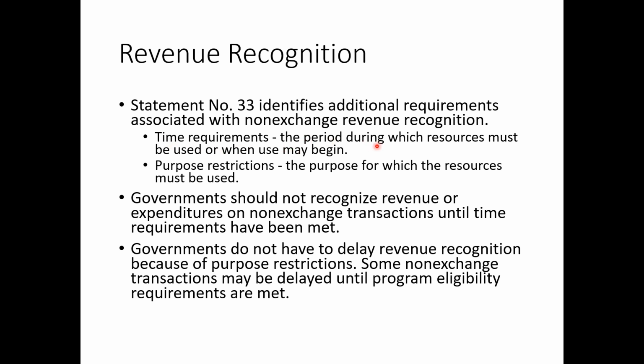The resources cannot be used in 2020, so it's not a revenue in 2020. Only when we can use the resource to cover expendable expenditures can we record it as revenues for this year.